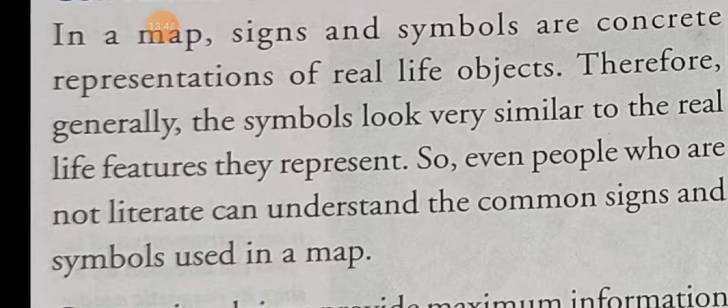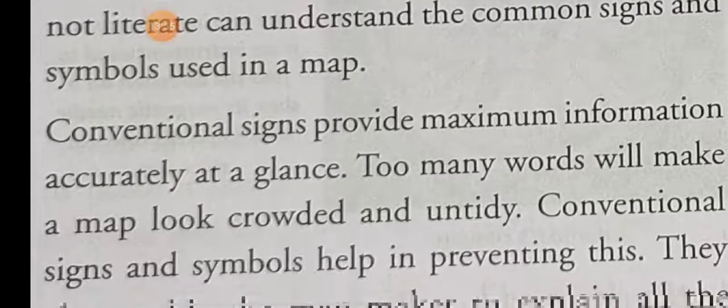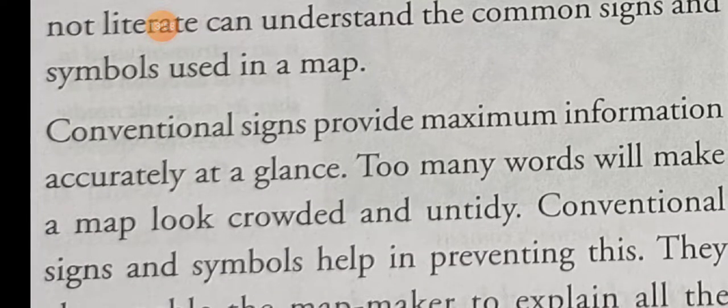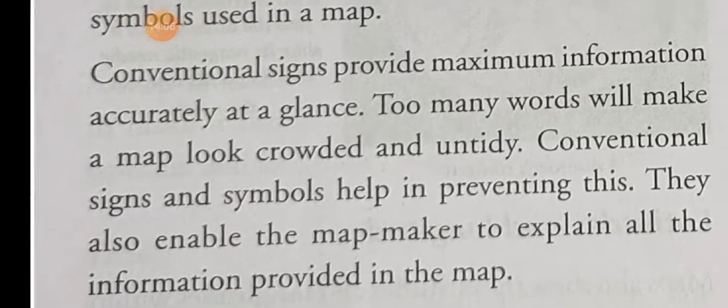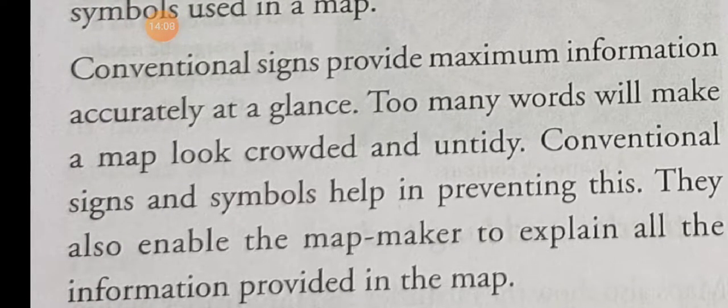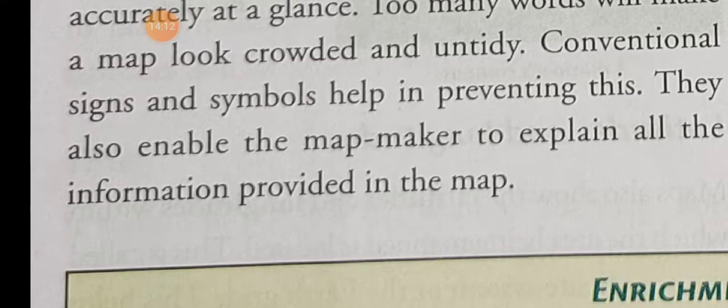If we want to show a temple, then we can show the temple on the map. So conventional signs provide maximum information accurately at a glance. At a glance means एक बार में हमें बहुत सारी informations मिल जाती हैं. So conventional signs and symbols enable the map maker to explain all the information provided in the map.